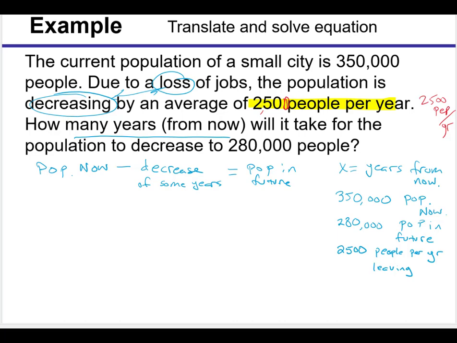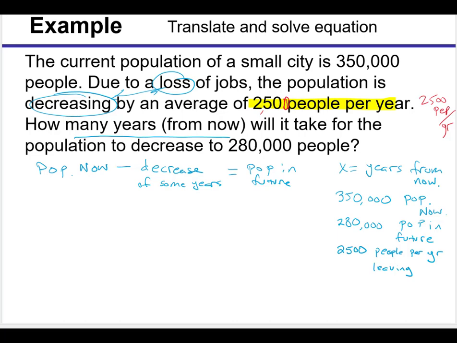Now, I'm trying to build something here that seems like common sense to me when I take the word problem apart. And it's helping me reduce all the words into a little phrase, pseudo. It's part English, part math. But from that verbal model, I can begin to build my equation.